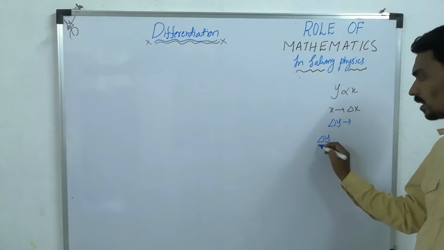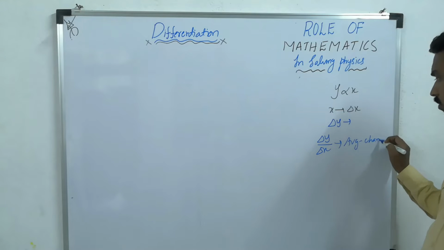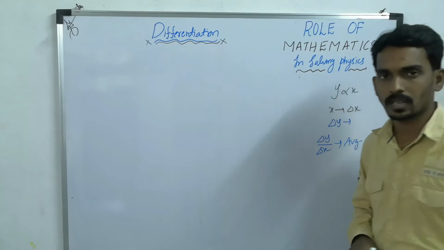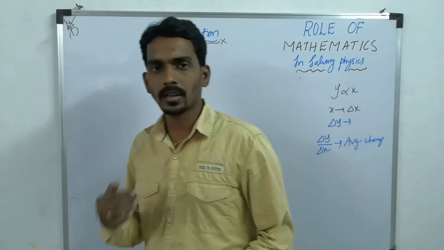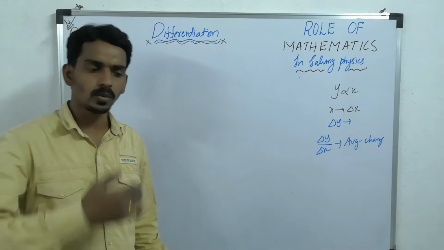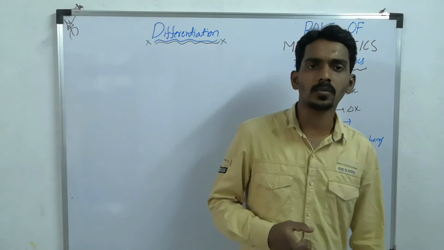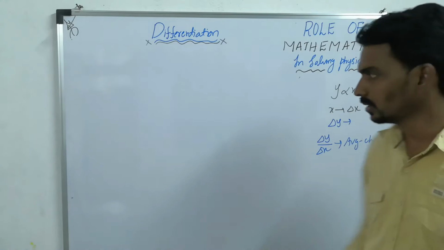Then the change in y with respect to x is called average change. So this delta means change, and we usually say average change from one value to another value, x1 to x2. It changed from x1 to x2. Then what is the corresponding change in y?